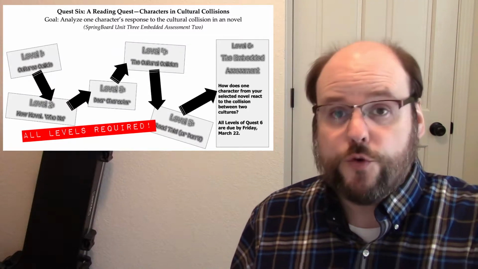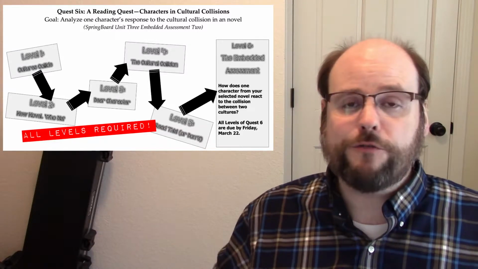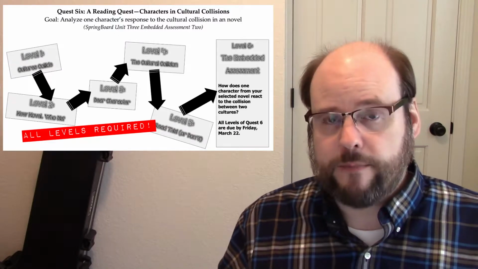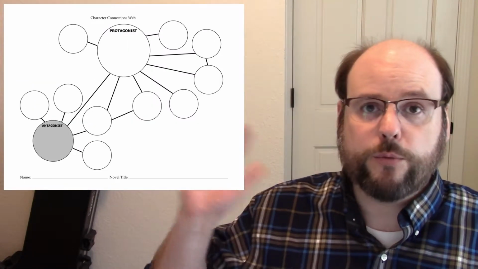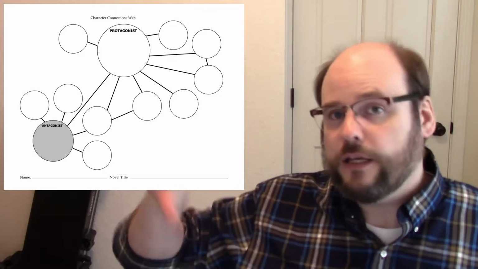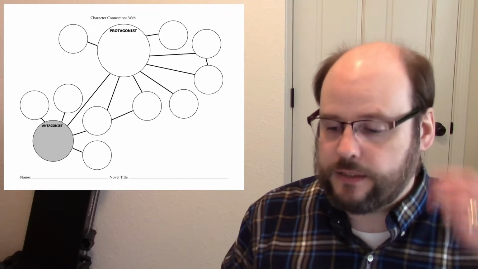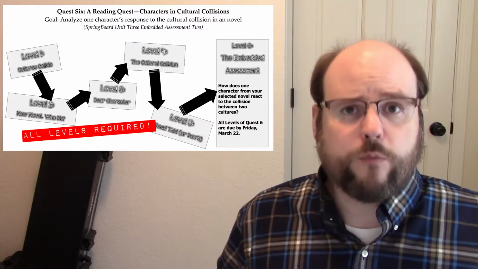Now, levels 2, 3, and 4 are reading the books, so you're going to read about 1/3 of the book for each one of those. And along the way, yes, you'll be taking notes, you'll be doing some activities, you have to fill out a character connections web so that you are connecting your protagonist and antagonist and the characters in between them that are also connected to them. But there is a little bit of writing for each one of those.